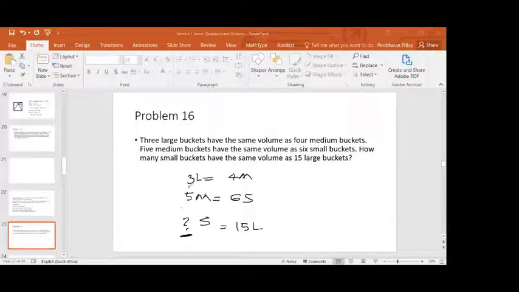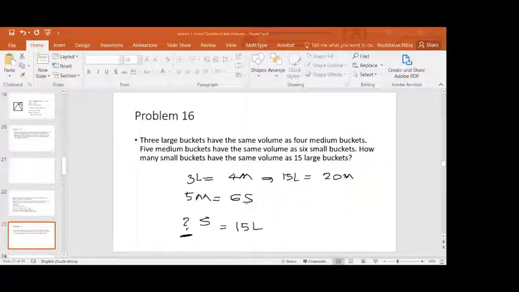All right, so the way to do this is you have 3L equals 4M, so we can get 15L by multiplying by 5 on both sides. 15L will be equal to 20M. Now you have 20M.